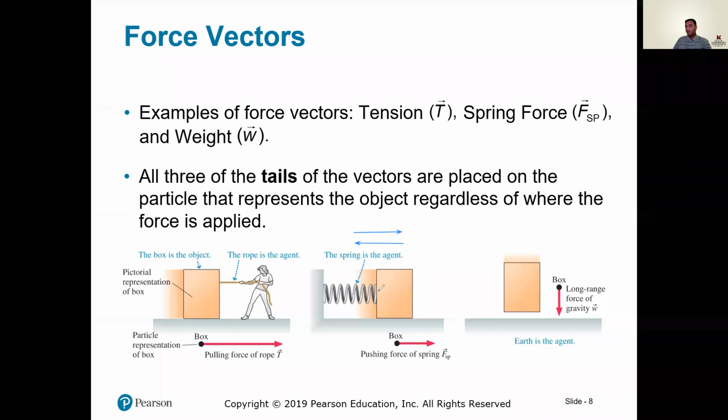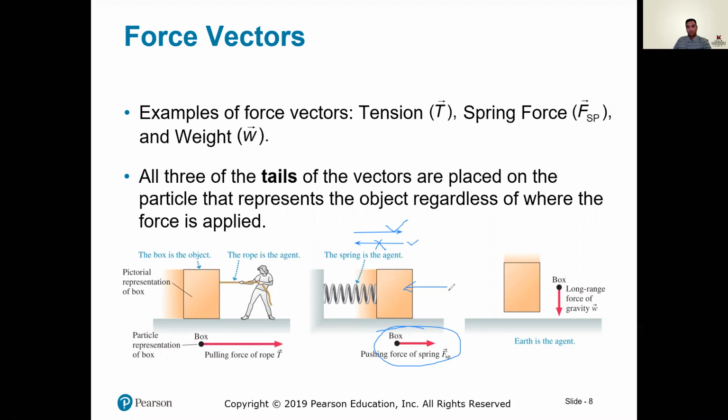So this is not the spring force. This is the spring force, which is going from left to right. This is why we have defined it this way. The reason is that the spring force is caused by the spring. For the spring force, the spring is the agent. For the force which we just disregarded, that was the force coming from the hand.